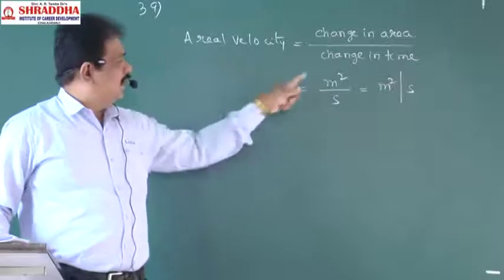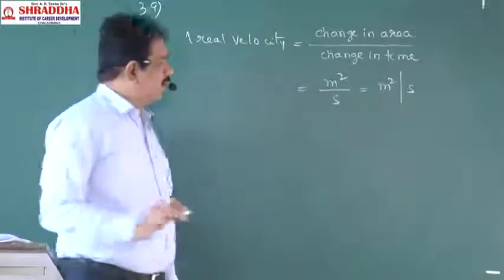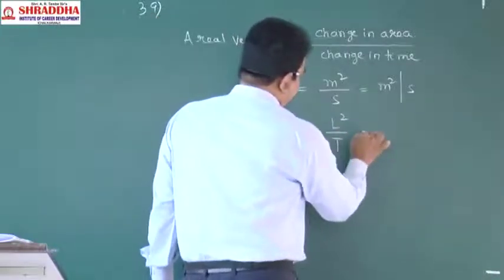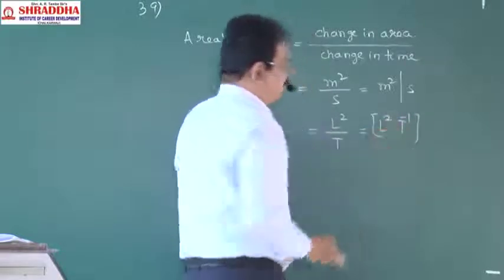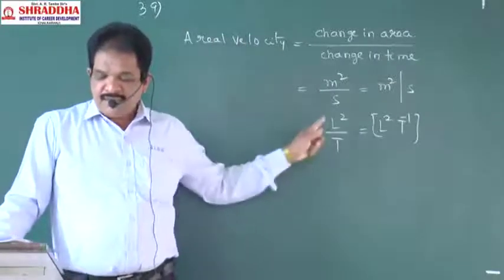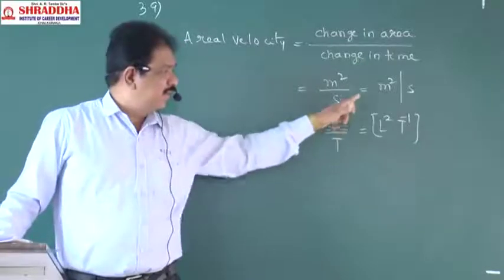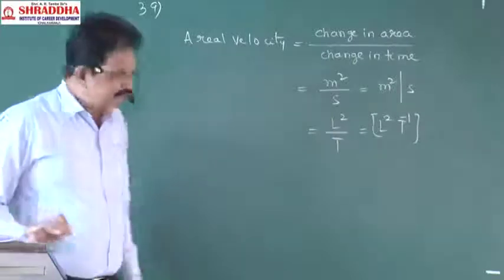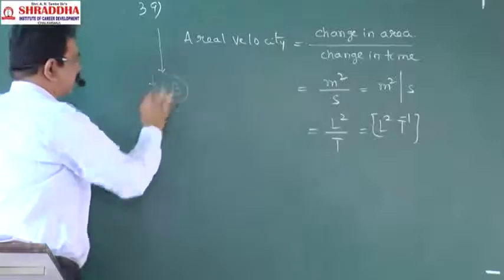That is the areal velocity's unit. The dimensional formula means L square by T, so L square T power minus 1. That is the dimensional formula. Meter square per second will be the unit. 39, it will be B.